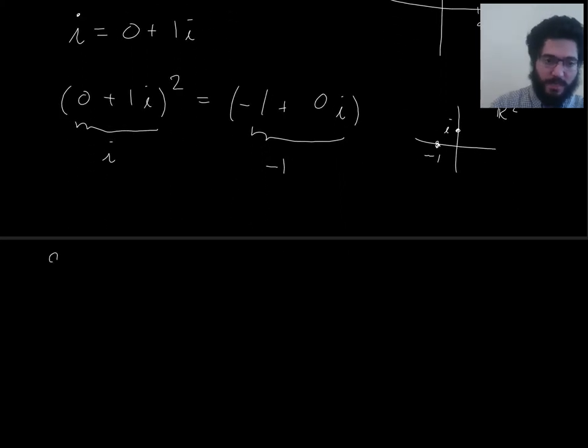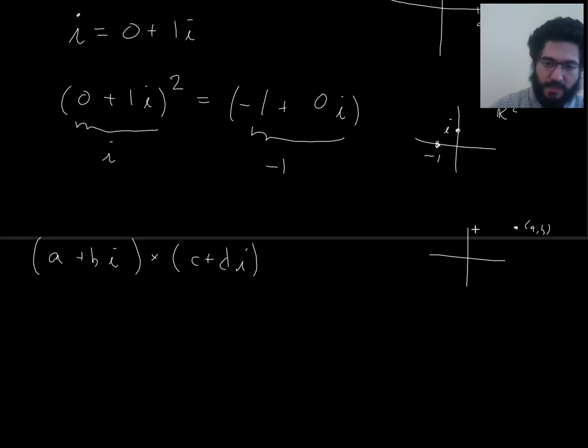Like if I take a plus bi, which is some dot somewhere in R2 in the plane, and c plus di, then that's going to be some dot somewhere in R2. How do you multiply these two dots together?